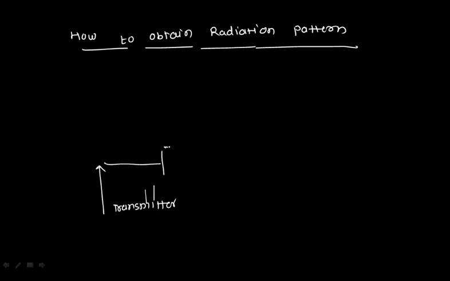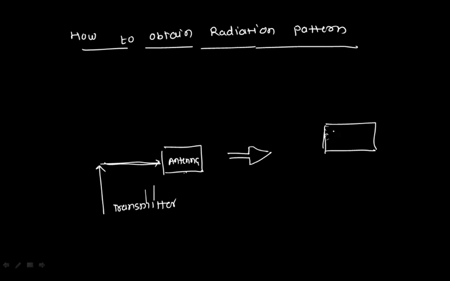So this is my antenna, the one whose radiation pattern I need to find out. You are just positioning it somewhere, wherever you have connected it. This is nothing but the radiation which takes place in free space. Now, the antenna with which you are going to measure will be called the probe antenna. This antenna will be called the test antenna.